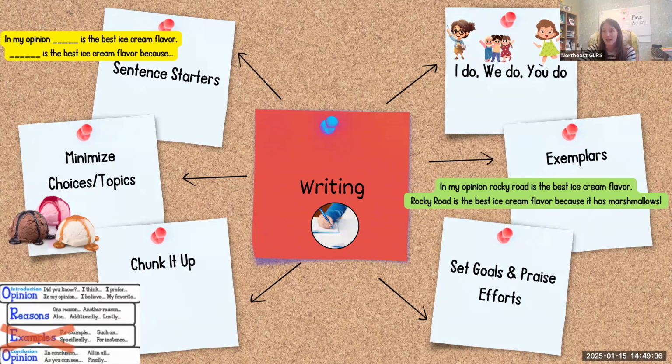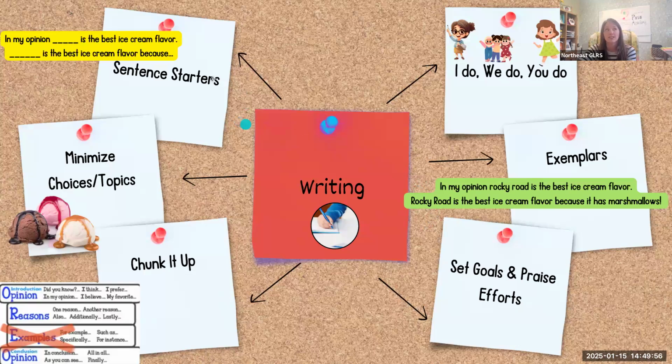Of course, just like in math, exemplars. So an exemplar that I would give, and I would start out by showing this and teaching them this, is, "In my opinion, Rocky Road is the best ice cream flavor. Rocky Road is the best ice cream flavor because it has marshmallows."